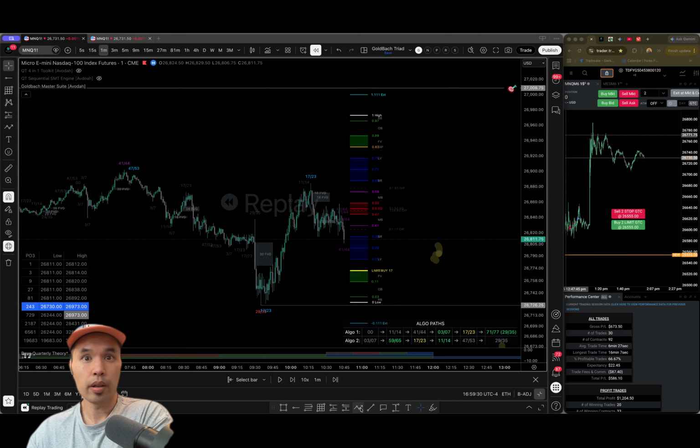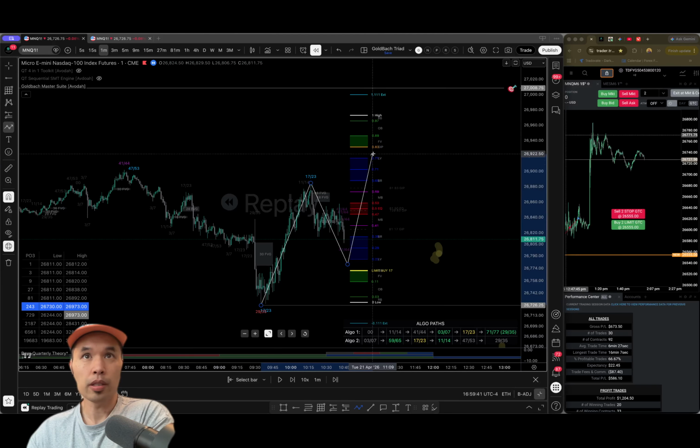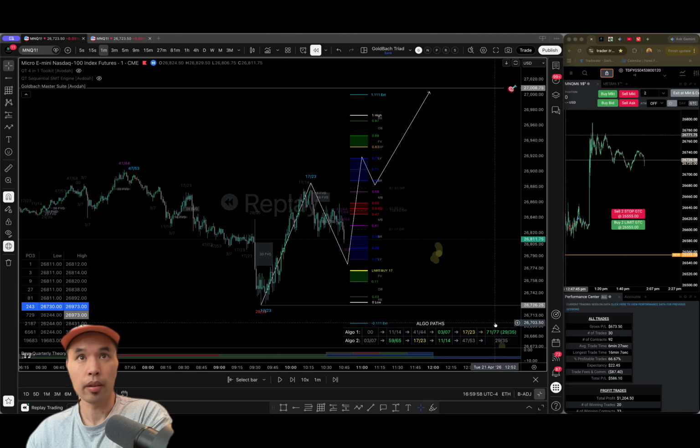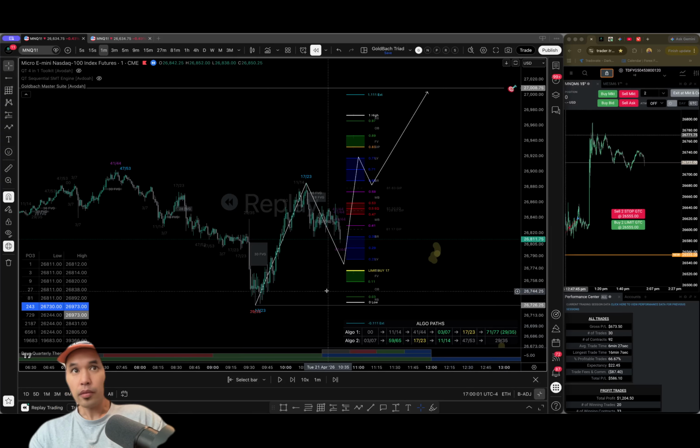Let's say that price went from 29.35, an end node, reverse algo 1, 17.23. We came down here, and then we swept and broke above 17.23. Use that as support and go higher. Then that would confirm the bias using those two nodes, right? The anchor node and the end path node. So that's how we use that.